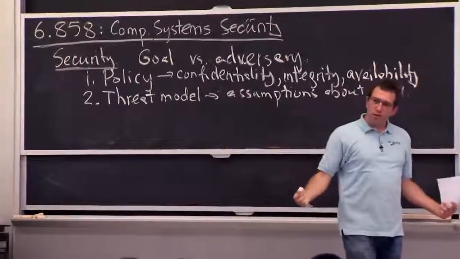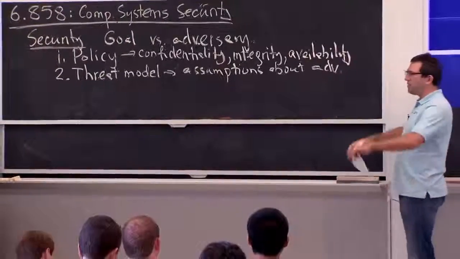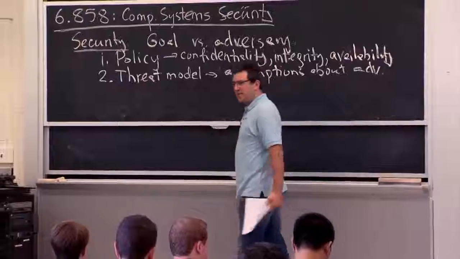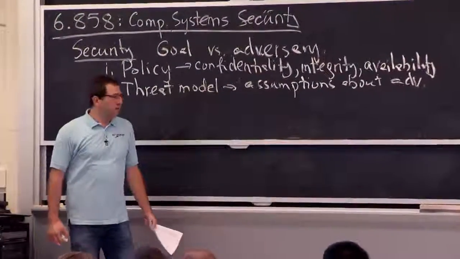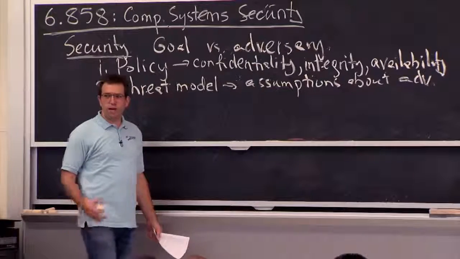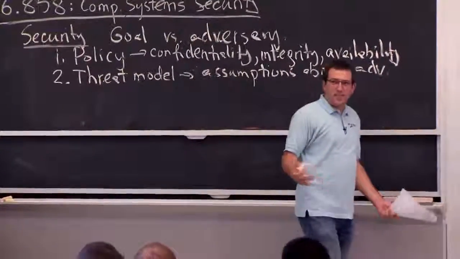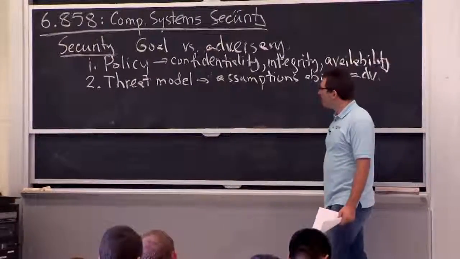It's important to have some sort of assumptions about the bad guy, because if the bad guy is omnipresent and is everywhere at once and can do anything they want, it's going to be hard to achieve some semblance of security. So for example, you probably want to assume the bad guy doesn't exactly know your password, or they don't actually have physical access to your phone and your keys and your laptop. Otherwise, it's going to be hard to make some sort of progress in this game.